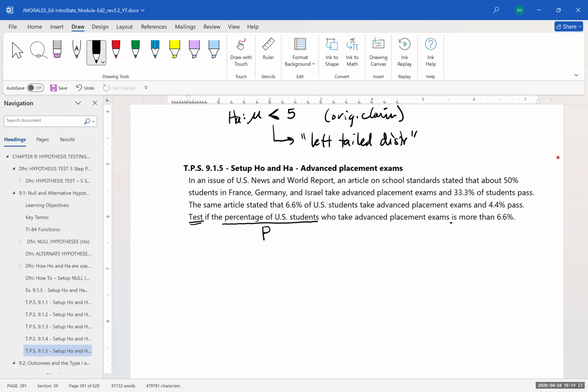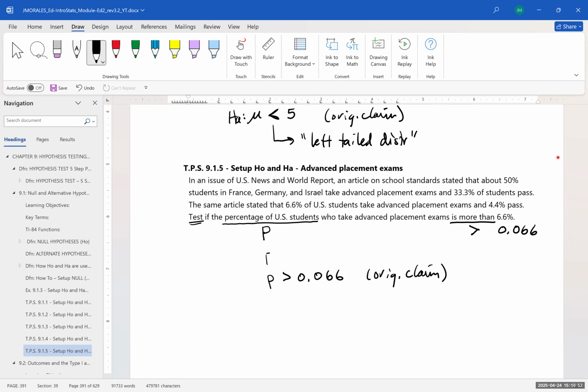Then it says is more than 6.6%, which is 0.066. So we've got the mathematical inequality P greater than 0.066. And before I forget, let's make that our original claim.